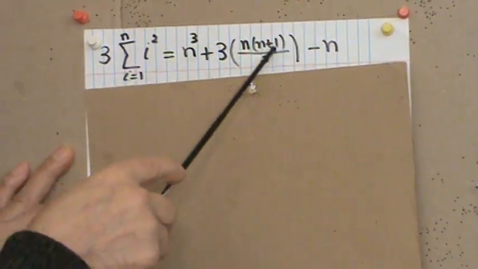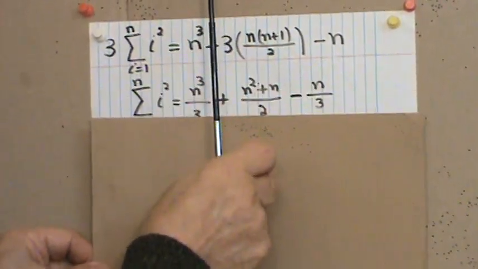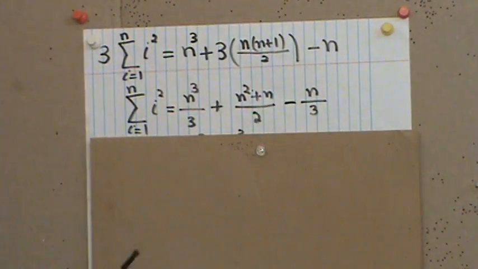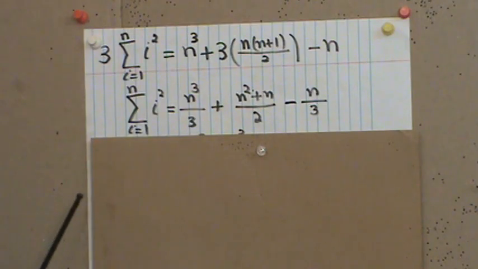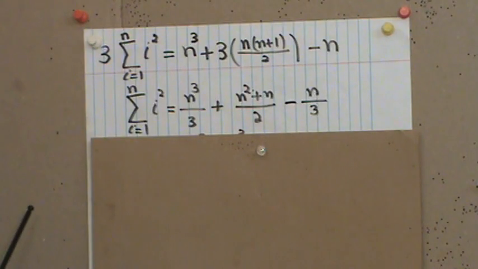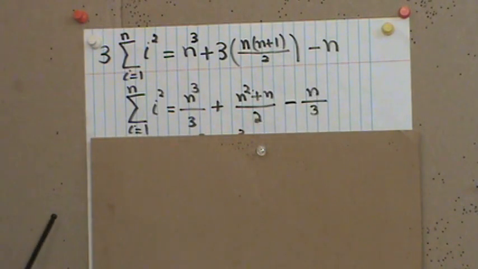Then we divide both sides by 3 so that we end up with this summation alone. And here it is. We divide both sides by 3. And then the rest of it is grade school algebra, grade school arithmetic. We add all of them, they must have the same denominator. So the least common multiple of 3, 2, and 3 is 6.